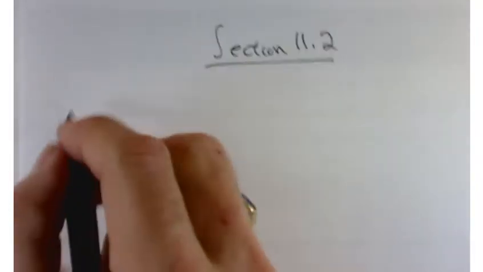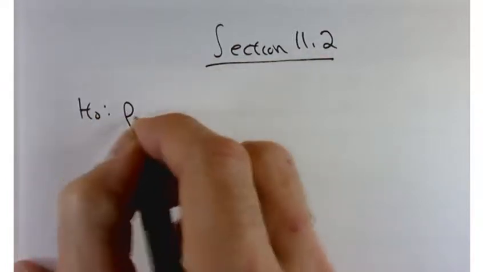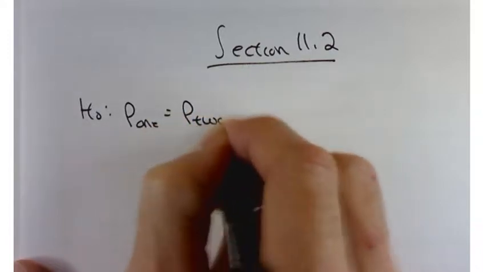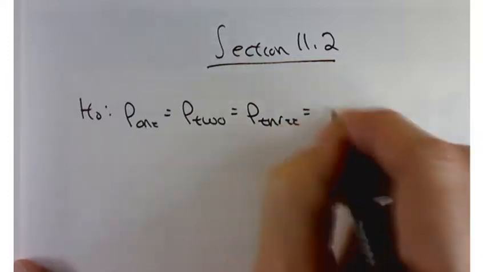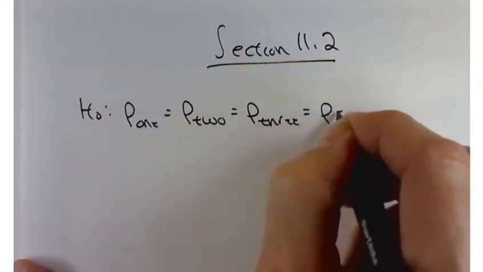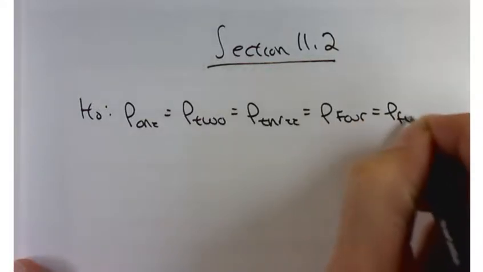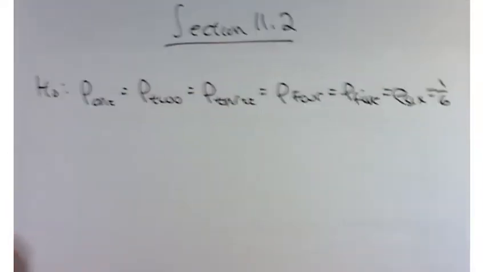In our dice rolling example, you could do that one as well. You could say H sub 0, the probability of rolling a 1 equals the probability of rolling a 2 equals the probability of rolling a 3, and so on, 4 equals probability of a 5 equals probability of a 6, and they're all 1/6.